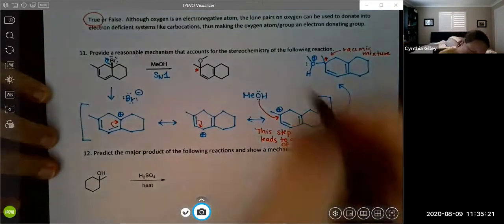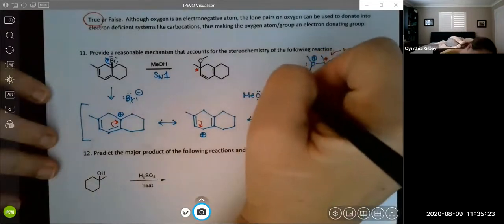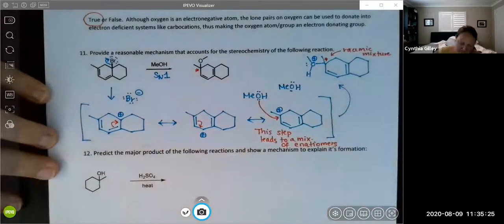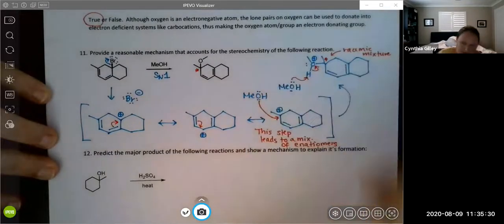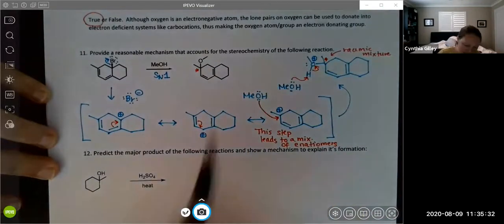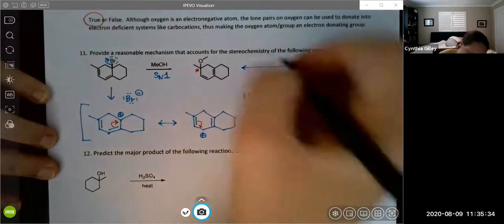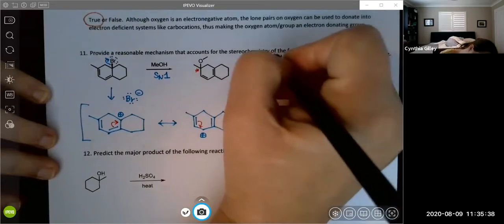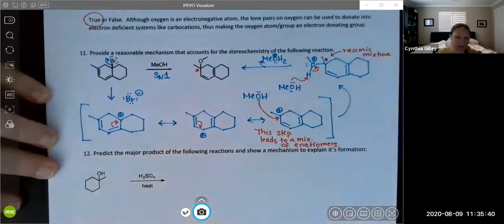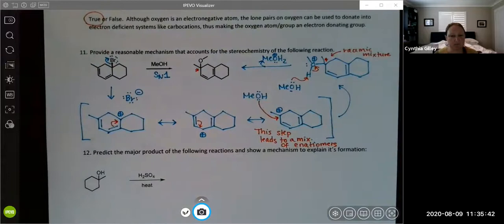Okay, so another methanol can act as a base in this SN1 reaction and can come in, take that proton, and we'll end up with the product and the conjugate acid of that step.